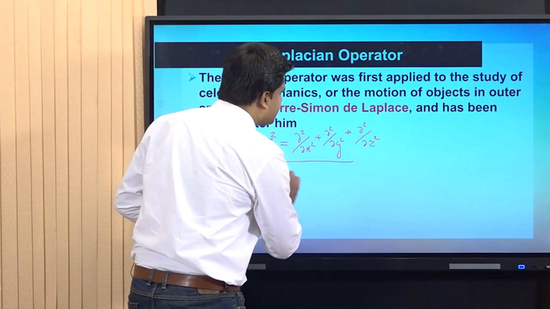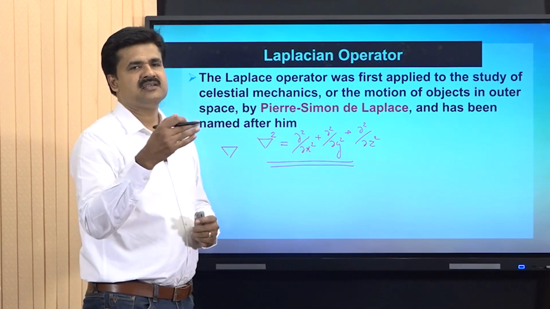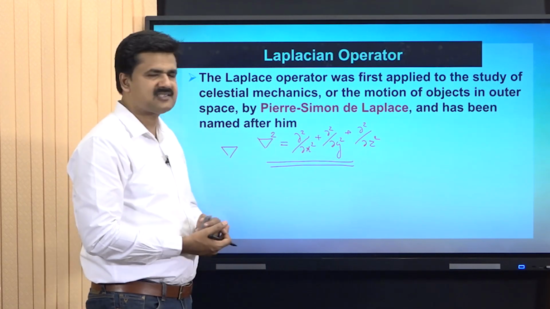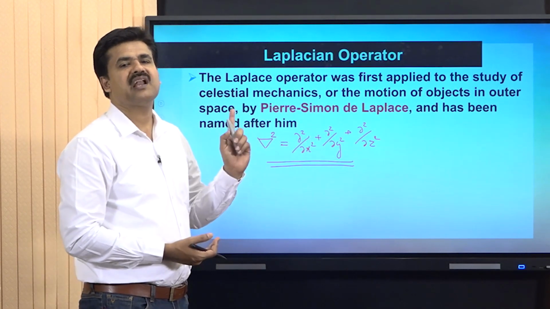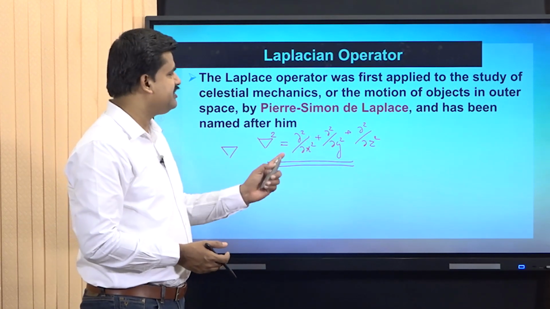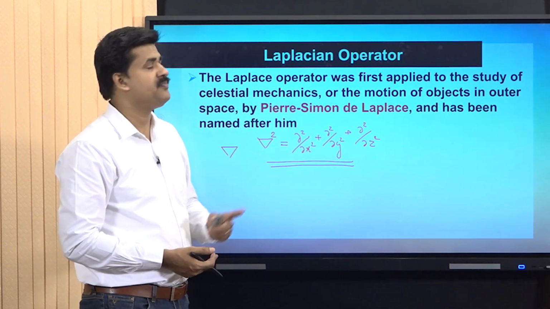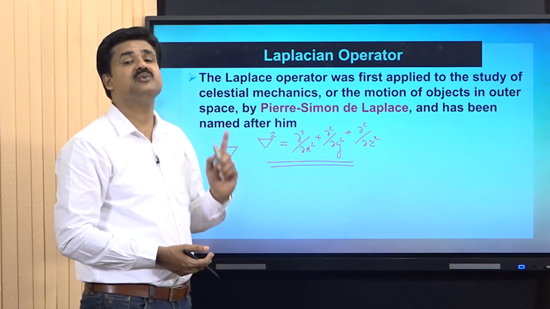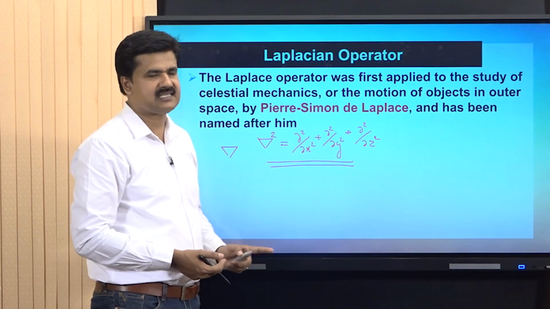This operator is very significant as far as the Schrodinger wave equation is concerned. This del square is known as the Laplacian operator or Laplace's operator, which is a second order differential operator, and differentiation is performed partially twice with respect to each variable concerned, namely x, y and z.